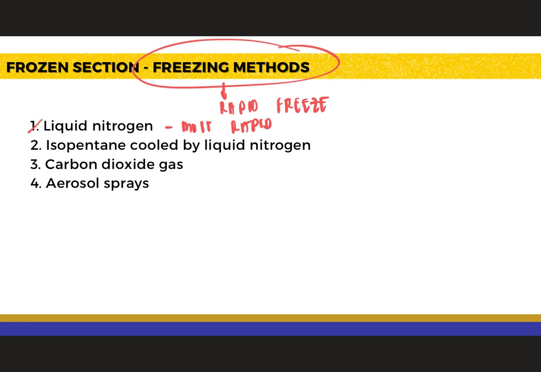We also have isopentane cooled by liquid nitrogen, and carbon dioxide gas, which is incorporated with the freezing microtome. We also have your aerosol sprays, and please remember that this is not for muscle tissue.